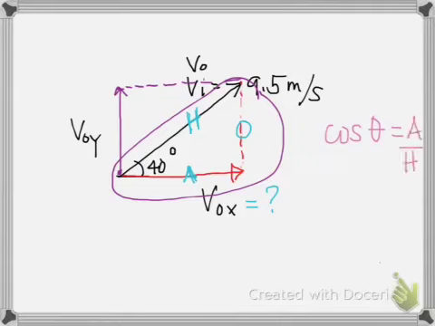But we do not have the adjacent, we do have the VOX. And for the hypotenuse, we don't have H, but we have the VO. So the ratio of that is going to be cosine of the angle 40 degrees, the one that was given to us. Since this is given, and we know this as well, we can find the VOX.